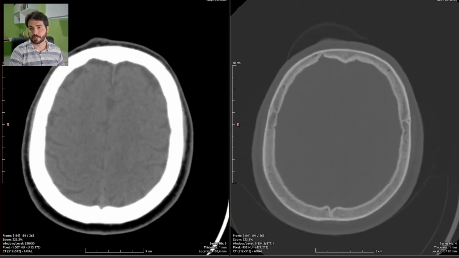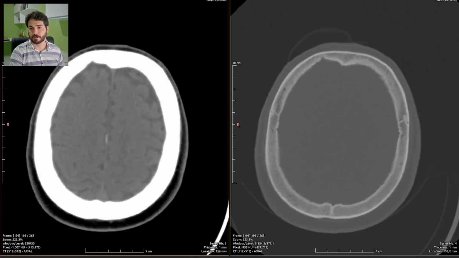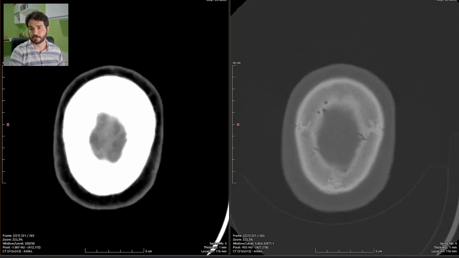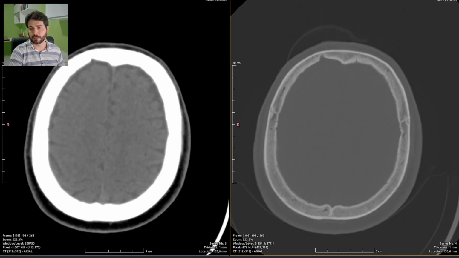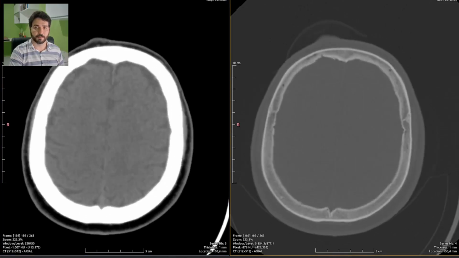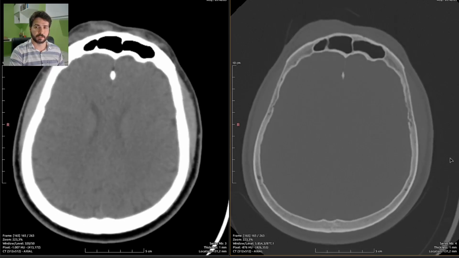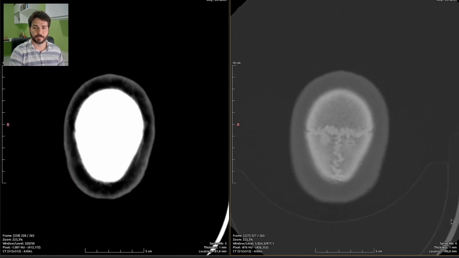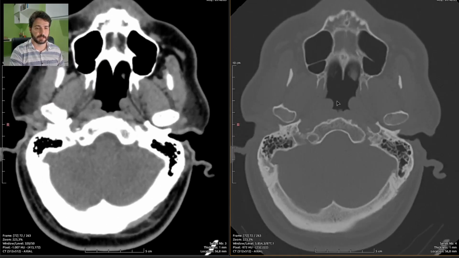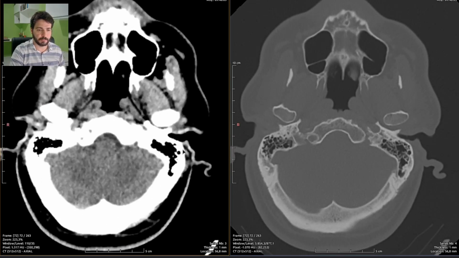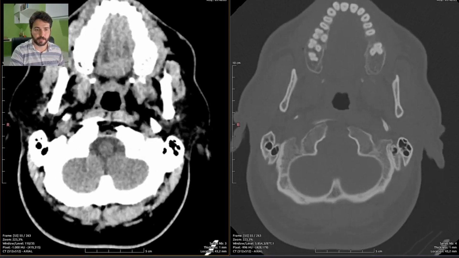There isn't a bone fracture adjacent to that lesion. See also that this patient doesn't have a persistent metopic suture as we saw on the first patient we reported today. So this is a very mild case of head trauma.